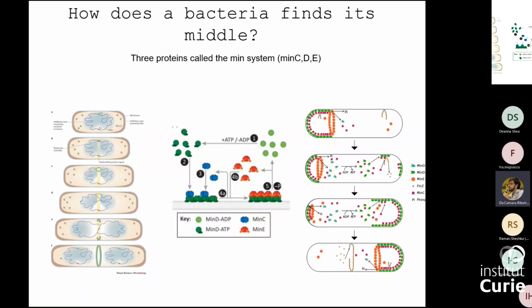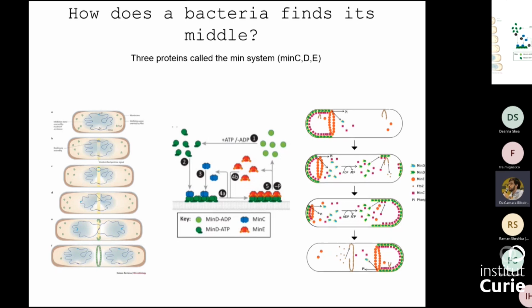The idea is that the implementation of reactions between these three components, here we have three proteins, is going to allow the detection of the middle of a segment.